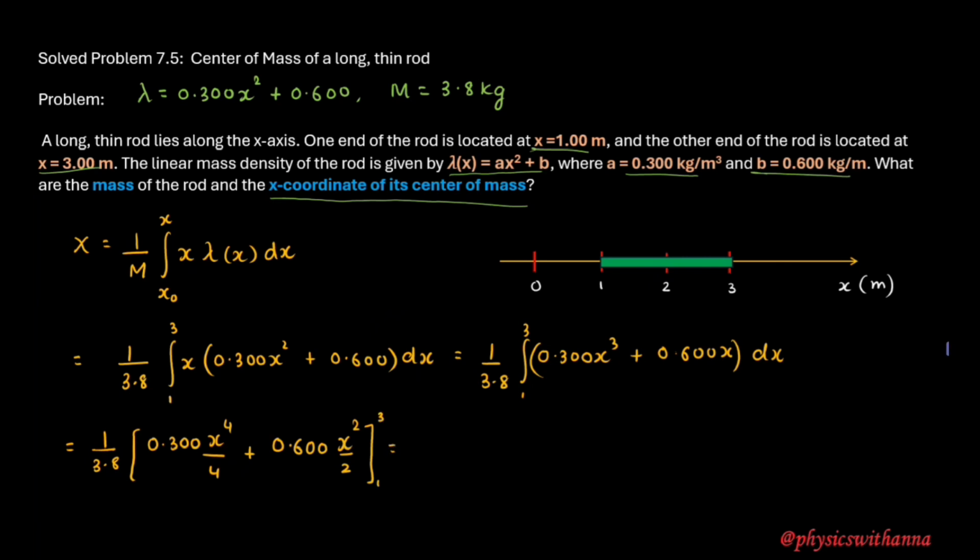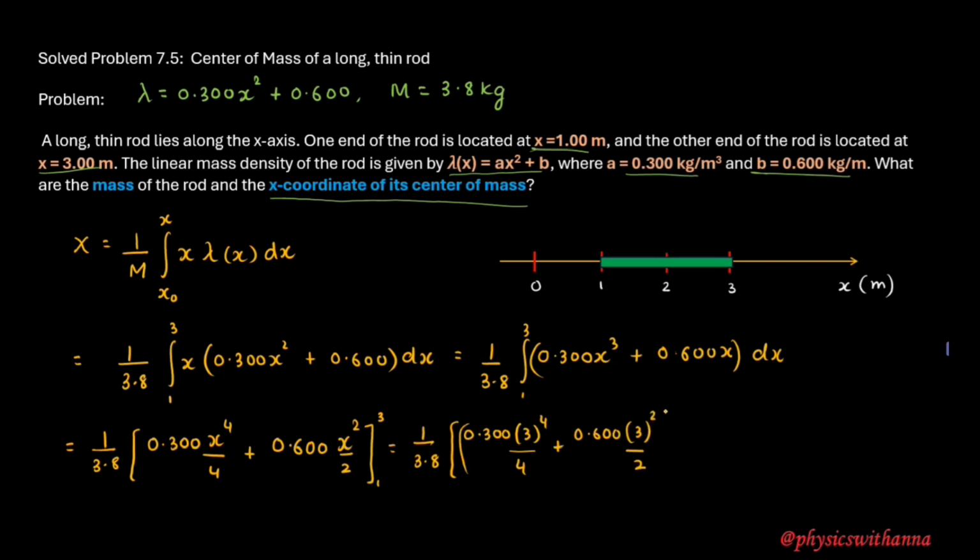Now we substitute the limits. We do upper limit minus the lower limit. So you get 1 over 3.8 times: first, in place of x, we substitute the upper limit 3, so 0.3 times 3 to the power 4 over 4 plus 0.6 times 3 squared over 2.